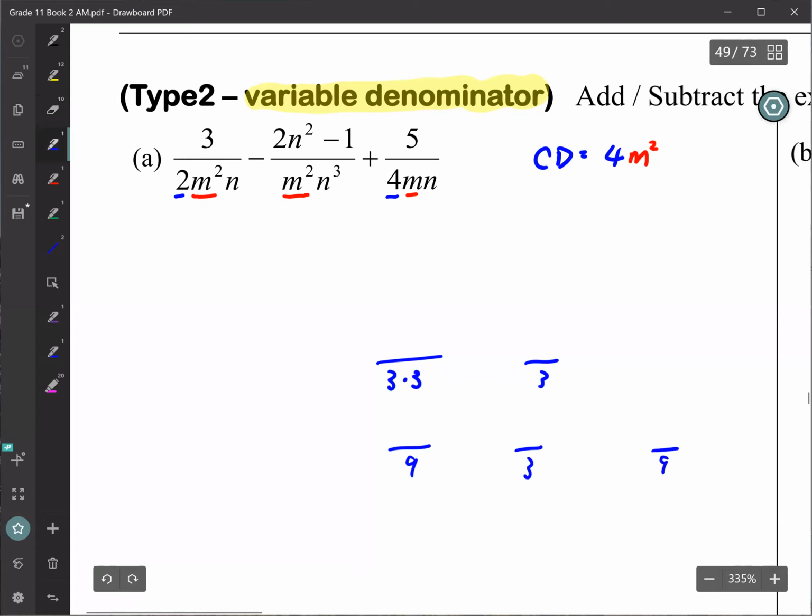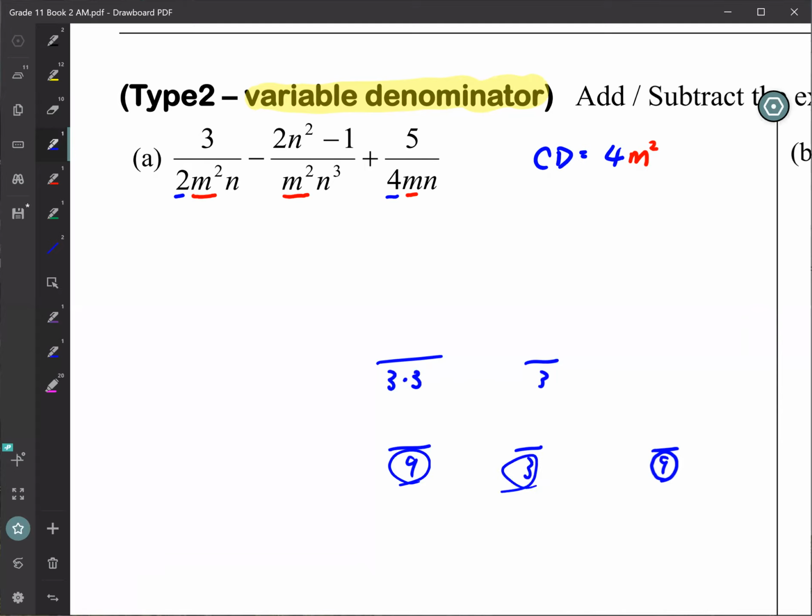Okay, so it's the same idea. Because inside the 9, I will have 3. It includes 3. So I don't need to multiply 9 and 3 together. I just need to use the 9, which is just big enough to include both. So inside the common denominator, you should be able to see all the denominators.